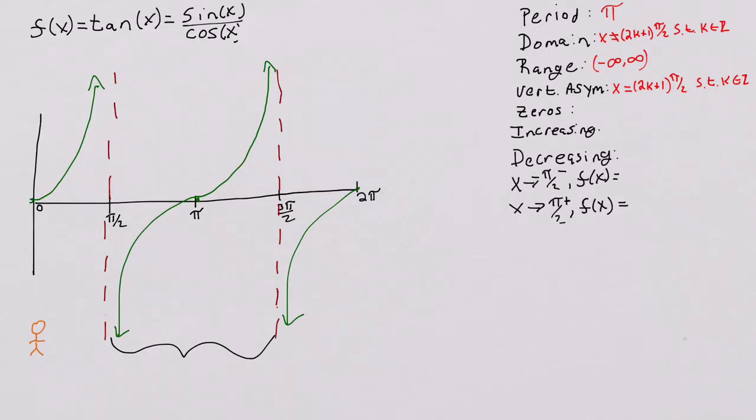My zeros are going to occur when x equals k pi, such that k is an element of the integers. With tangent and cotangent, we're going to have a lot more equations with integers with k. I want to use k for integers the majority of the time. It's pretty standard to use k for integers.